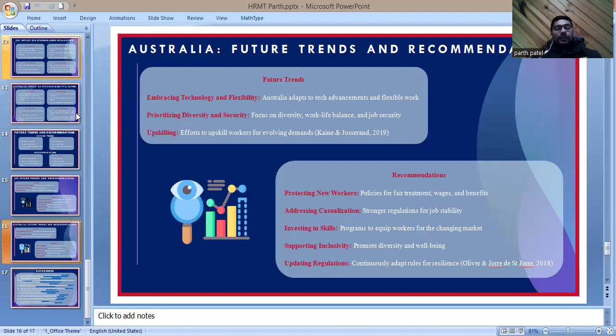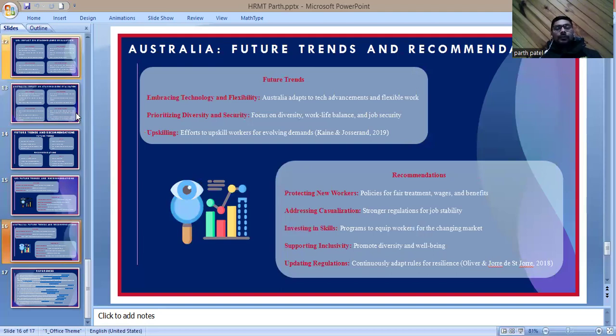As a recommendation, the Australian government must ensure access and shield the rights of the workforce, and they make a policy for their labor wages and benefits. They are also addressing stronger regulation for stabilization. They investigate some changing markets.